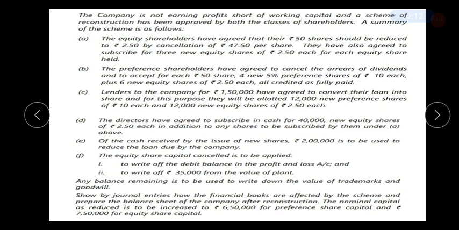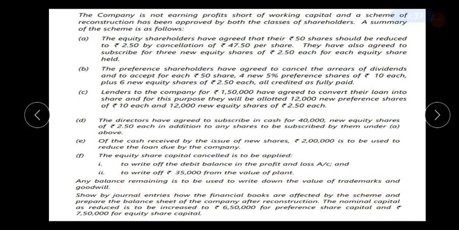Next, the equity share capital cancelled is to be applied. First one, to write off the debit balance in the profit and loss account, and to write off rupees 35,000 from the value of the plant. Any balance remaining is to be used to write down the value of trademarks and goodwill.